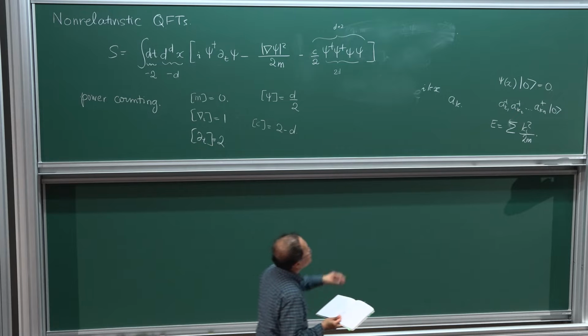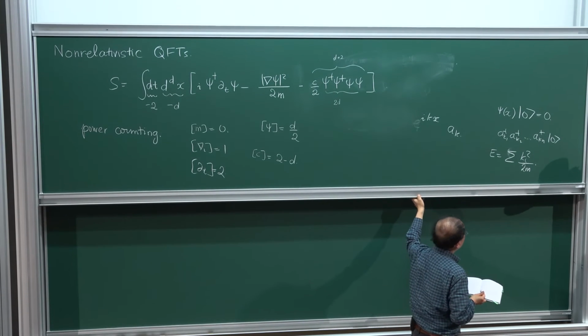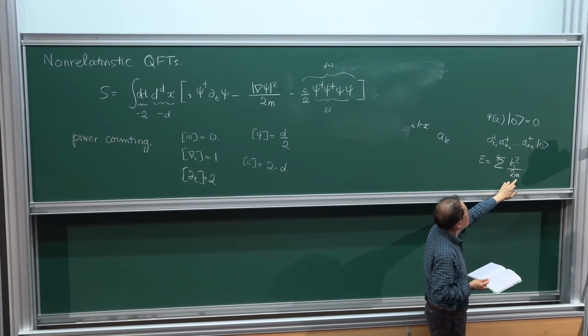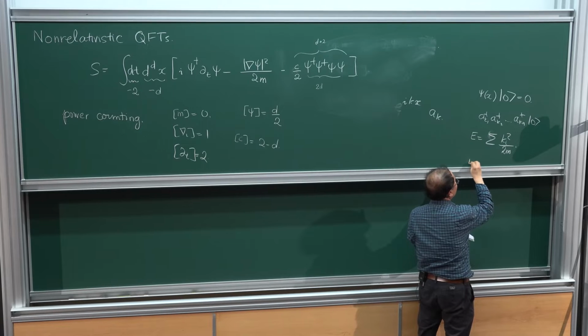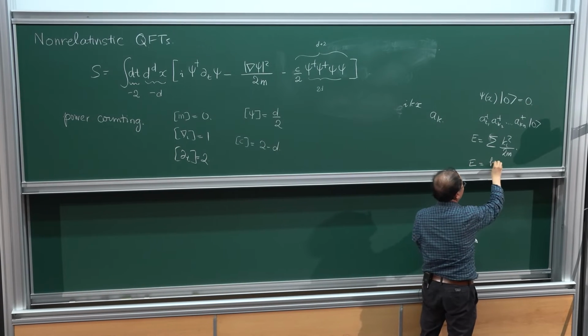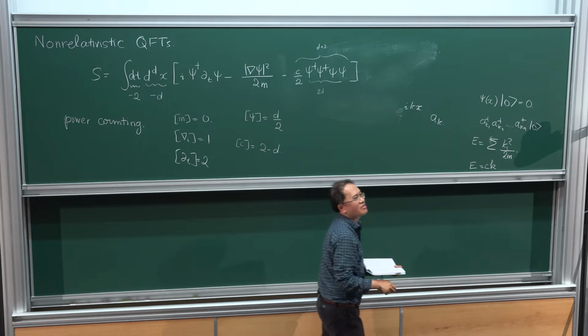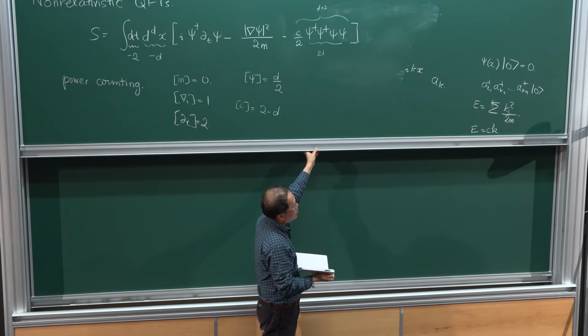At the level of more naive reasoning, if we just say m plays the same role in this formula as the speed of light in the formula E equal c times k, we can set c equal to 1 in the relativistic theory, and so here we just set m equal to 1.